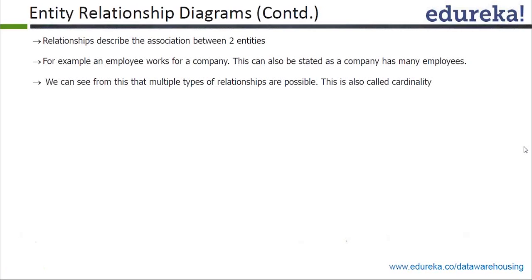What I mean by one to many, one to one, and many to many, we will discuss further. But this concept, these different types of relationship, is also called cardinality. So cardinality is the relationship between two entities in an ER diagram. Not only in the ER diagram, but generally between two entities. It could be your database entity or it could be your entity in the real world.